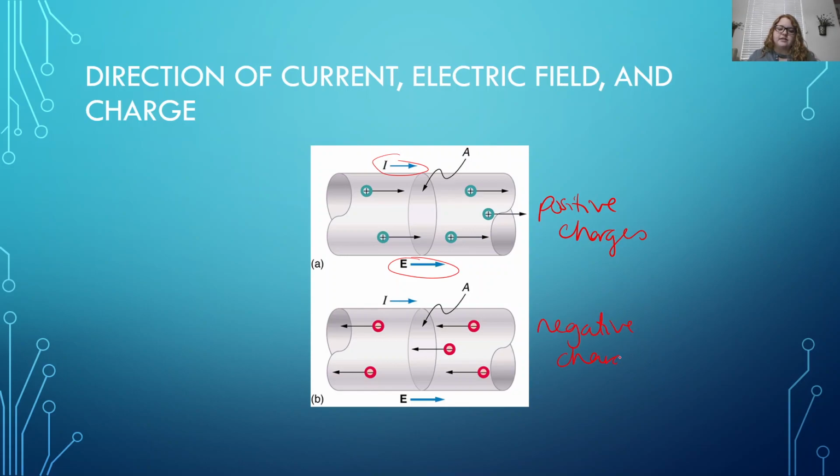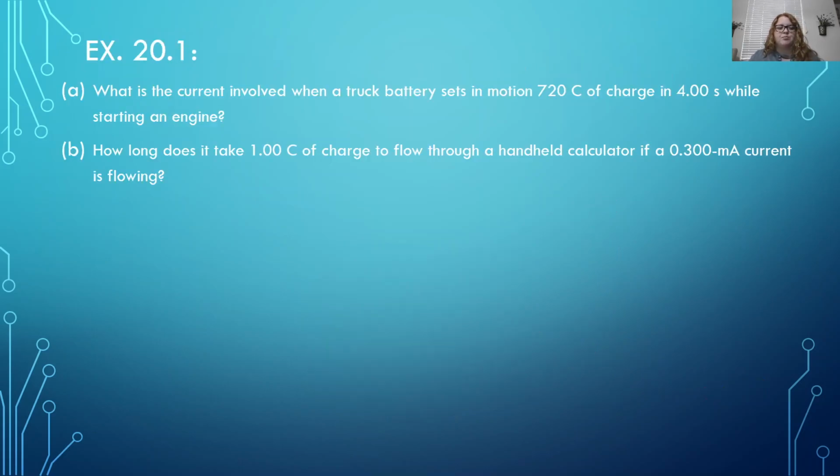And as you can see, they will be flowing in the opposite direction to the electric field. So opposite to E field. And then the electric field again will be in the same direction as the current.